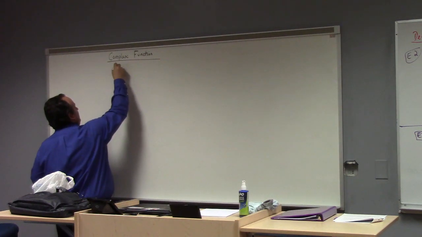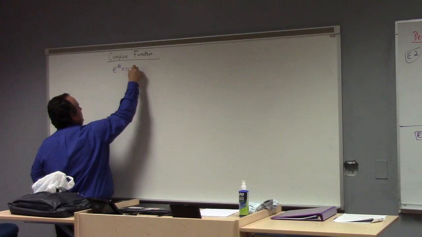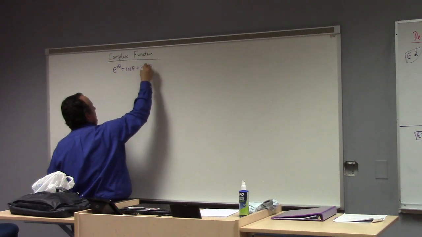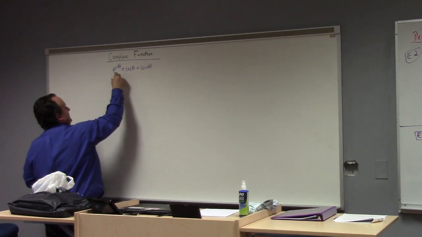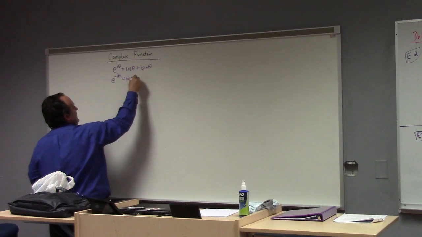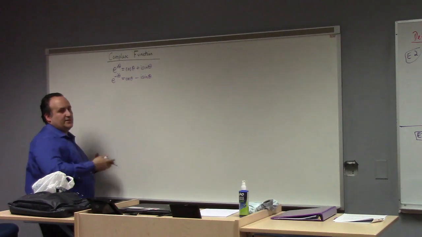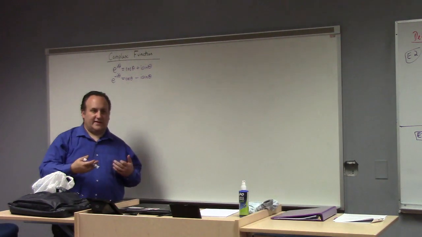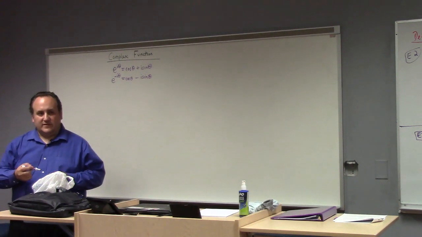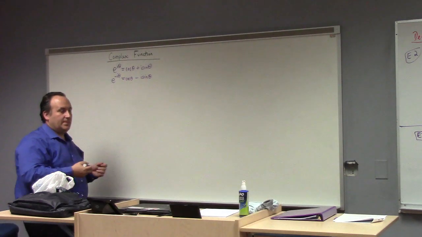So e to the I theta is cosine theta plus I sine theta, right? And e to the minus I theta is cosine theta minus I sine theta. How do I know the minus appears here? Cosine is even, so it eats the minus. Sine is odd, it spits it out. Right, so I'm using the evenness and oddness of sine and cosine respectively.